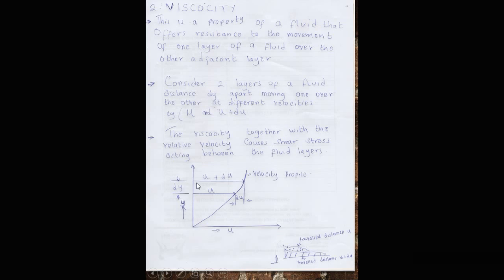So we are shown dy and du, change in y and change in u. So these are the distances u plus du. And this line depicted by the diagram here is called the velocity profile. The graph above shows the velocity variations near a solid boundary.